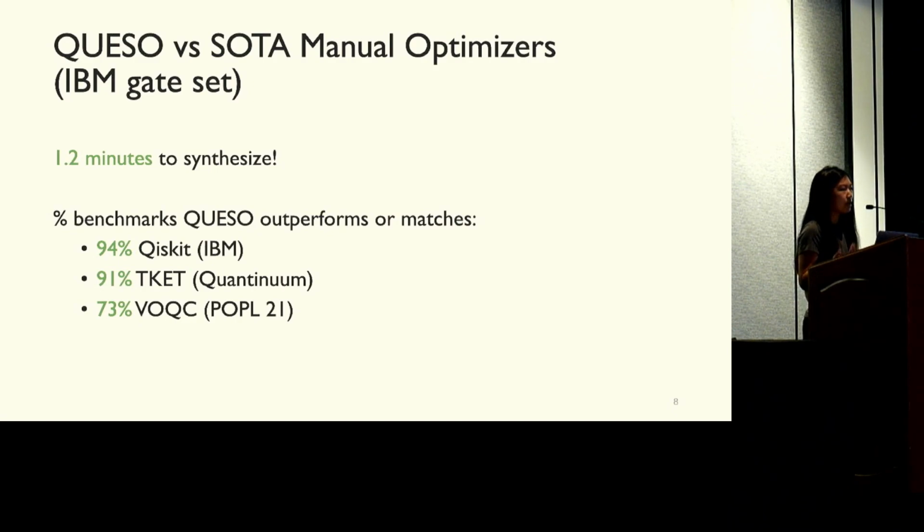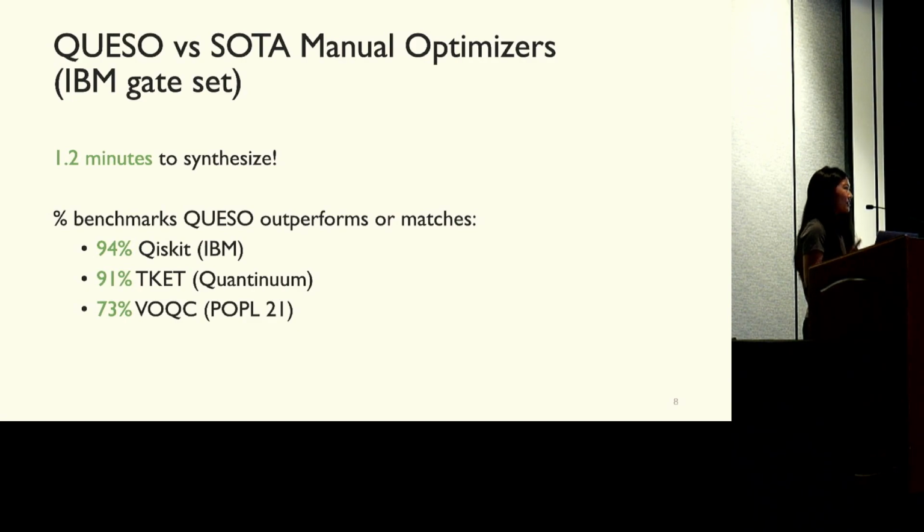When we compare against state-of-the-art optimizers using manually derived optimizations, we can vastly outperform them. Notably, Qiskit is IBM's own compiler, and it's one of the most popular ones used in the community today. TKET is another industrial compiler developed by Quantinuum, and Voqc is a verified compiler in Coq that was presented at POPL 21.